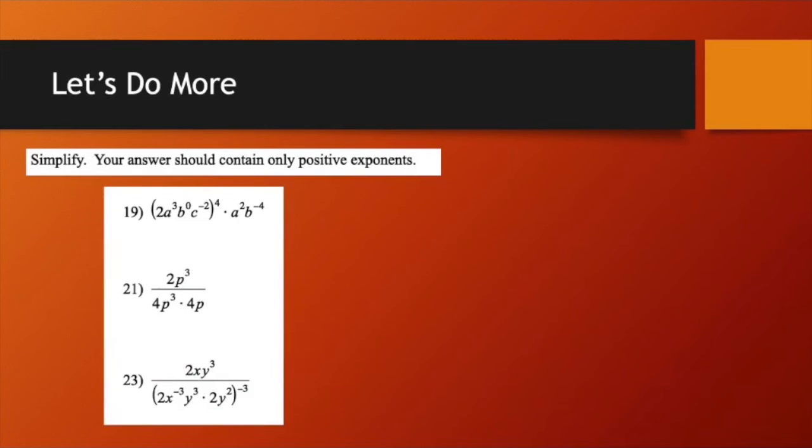Let's do number 23. We're going to distribute this -3 to everything on the bottom. This one stays as it is. So we're going to start off writing 2xy cubed right there. Then we're going to give that -3 to everything. So we'll have a 2 to the -3. When we give that -3 to the x to the -3, we're going to multiply, so we'll have x to the 9.